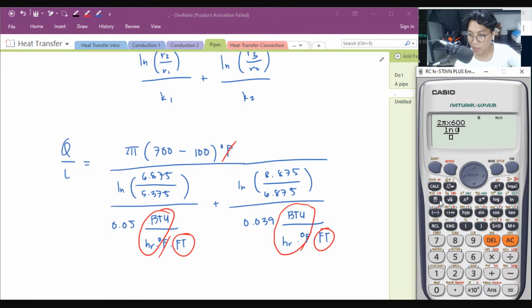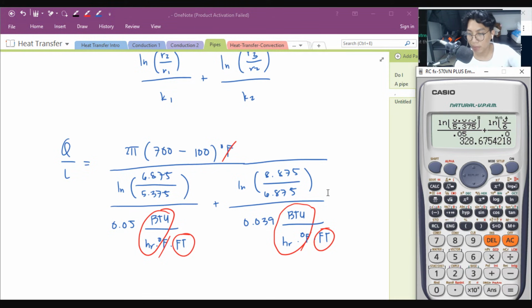And then the natural log of 6.875 divided by 5.375, divided by 0.05, plus the natural logarithm of 8.875 divided by 6.875, and then divided by 0.039.